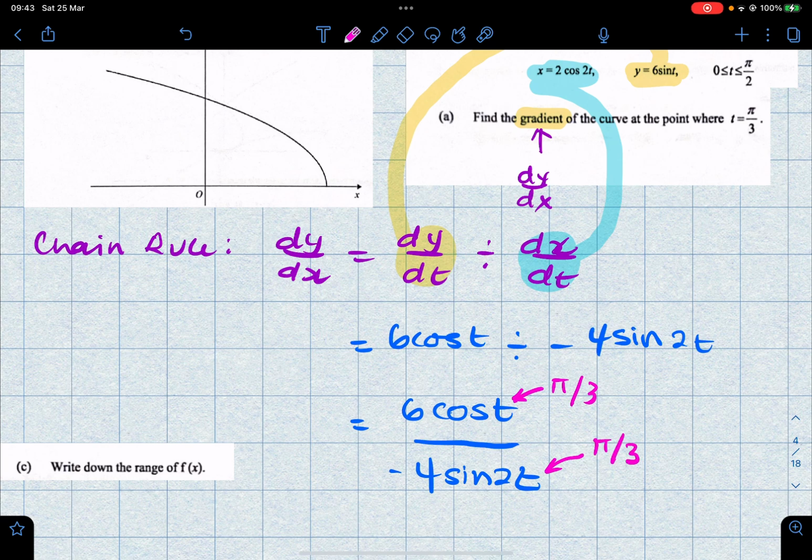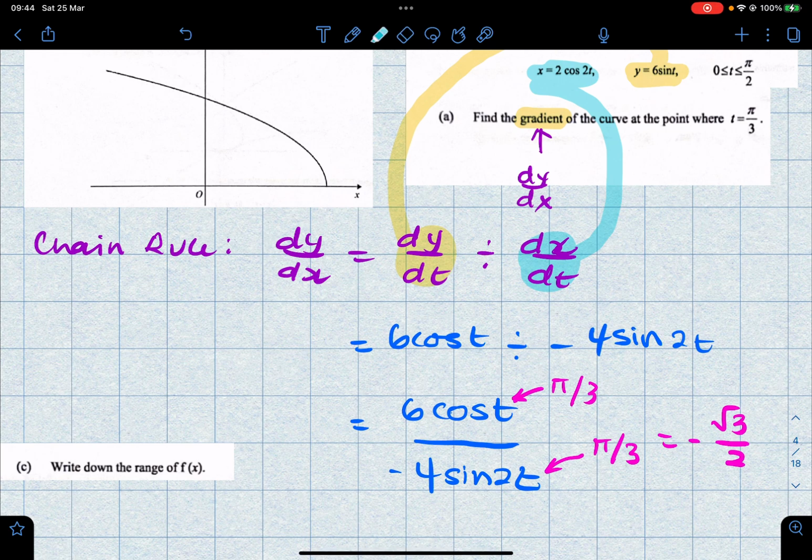And if you put that in your calculator, making sure your calculator is in radians, you get minus root 3 over 2.